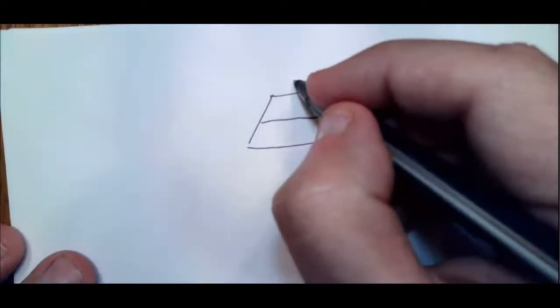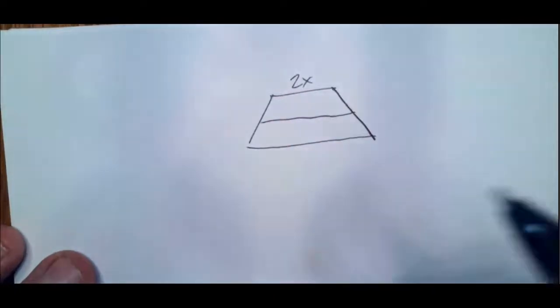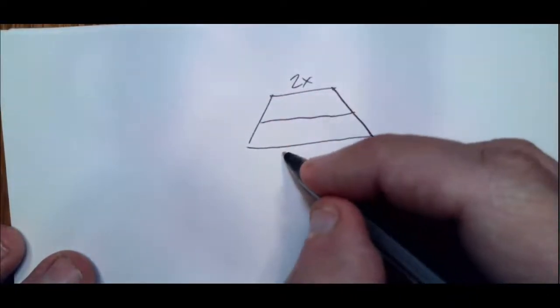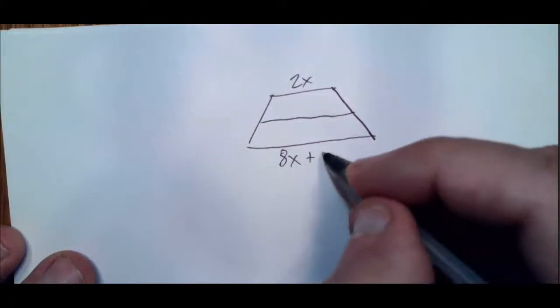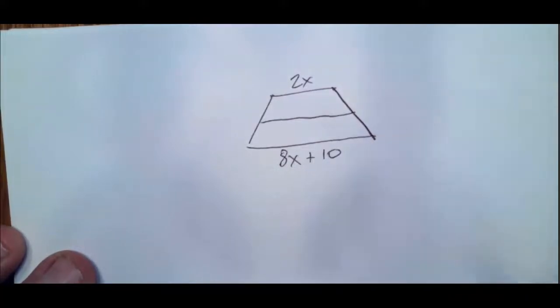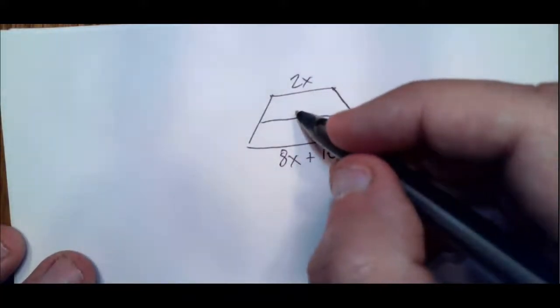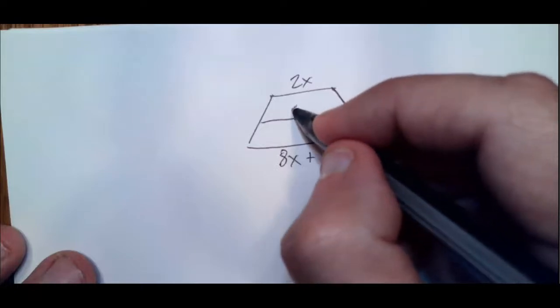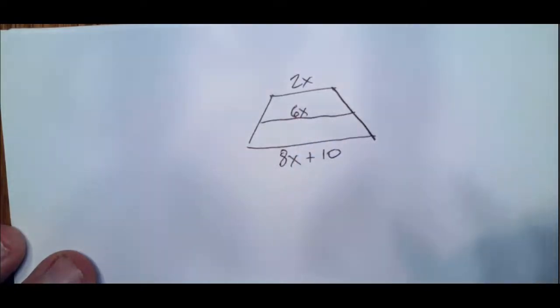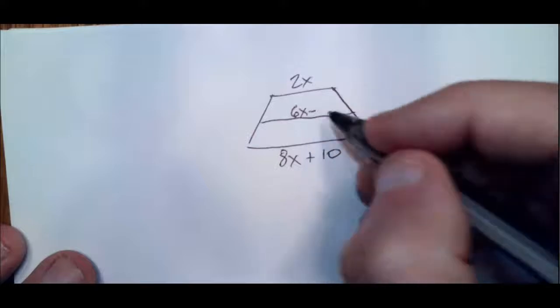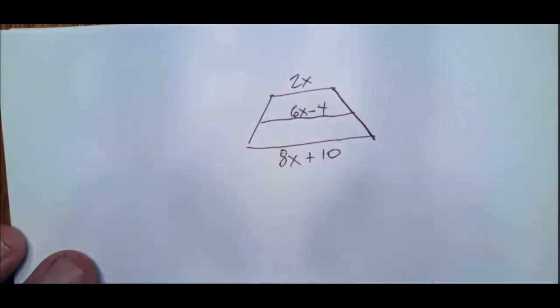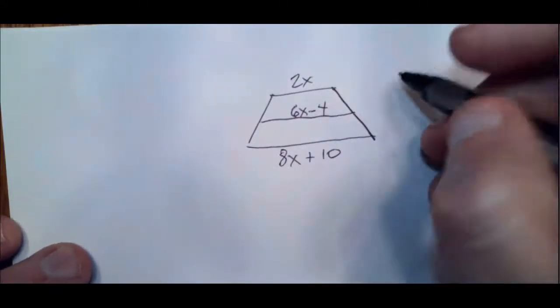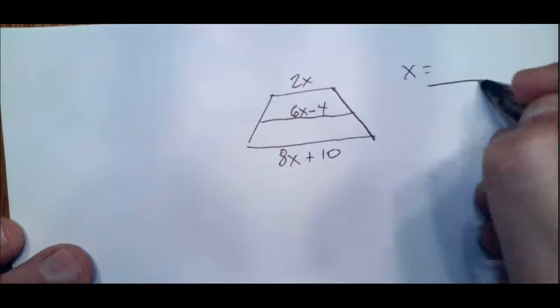And I want y'all to put in 2x here, 8x plus 10, and let's do 6x minus 4. I don't know. Hopefully this will work out. And you want to find the value of x.